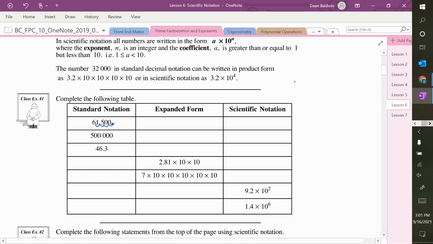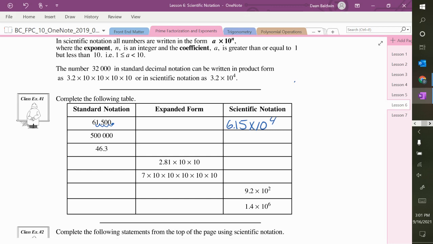So then I'm going to write, hang on, 6.15. So the first 3 numbers times 10 to the power of how many spots you move the decimal. So how many spots did we move the decimal?